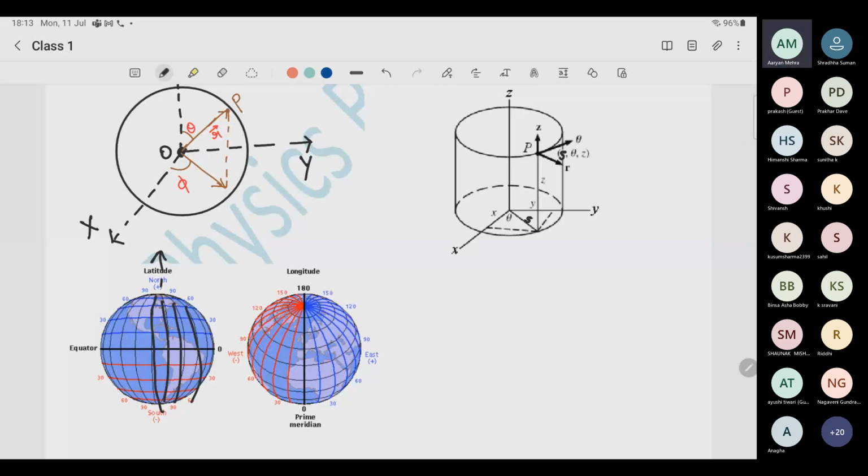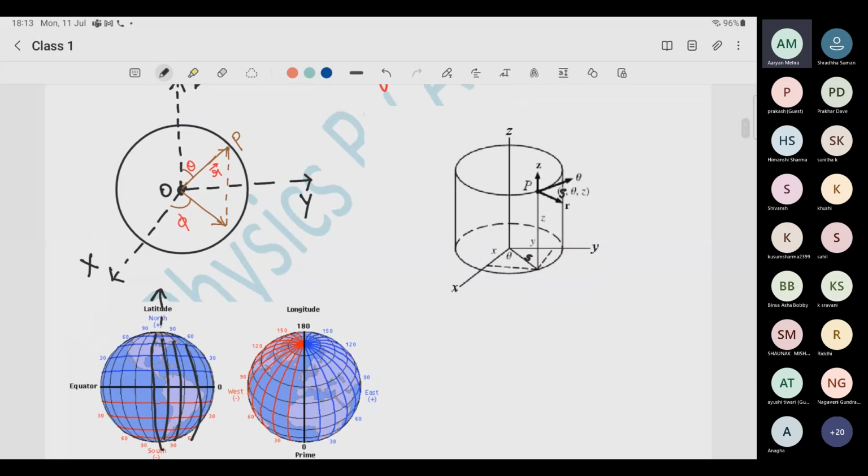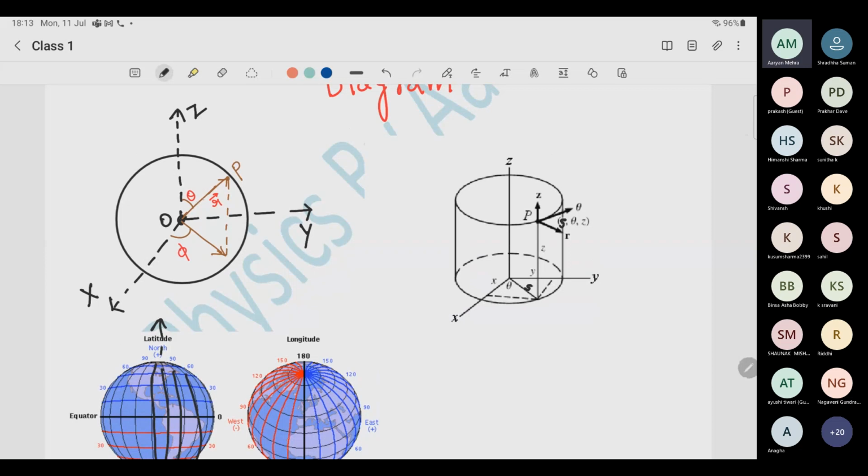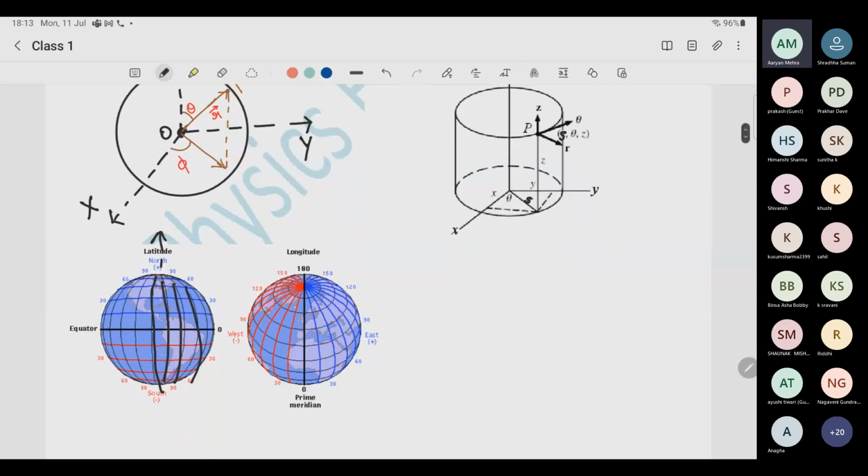In analytical situations, what we say is the line connecting the point P from the origin is called the r vector. If you take the projection of this r vector on the xy plane, the angle which it makes with the x-axis is called phi. Very simple concept. If you do not understand right now, don't worry, when we do the problems that will become more clear to you.